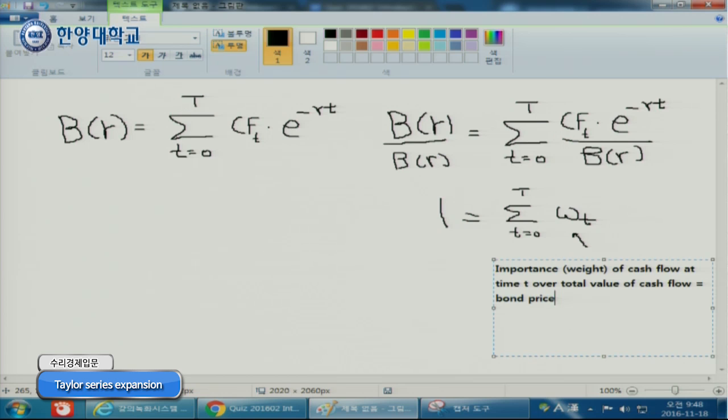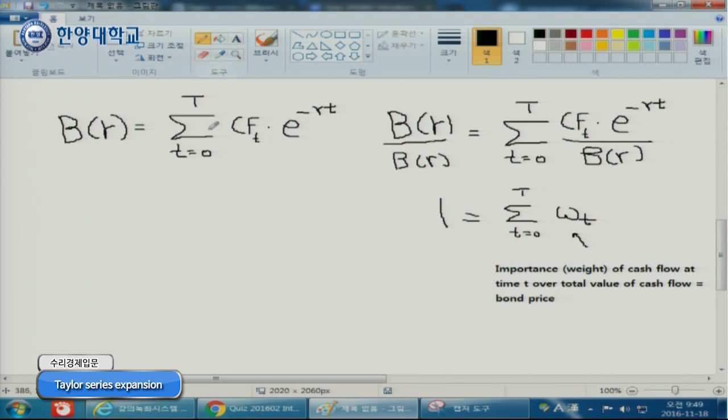Right? It is very, very important. So at time t, I receive cash, and W means how much that cash is important.